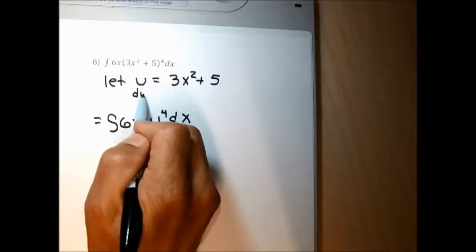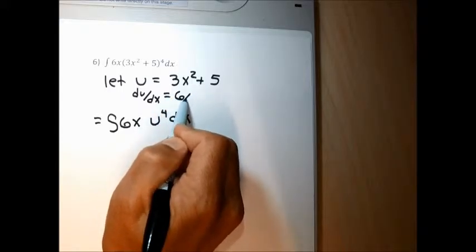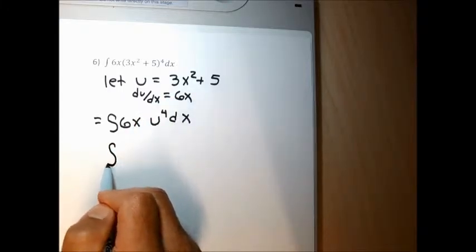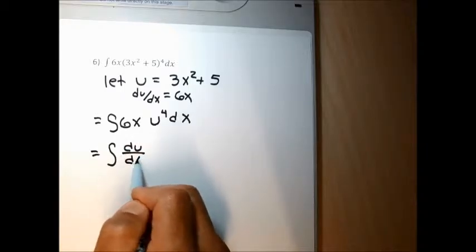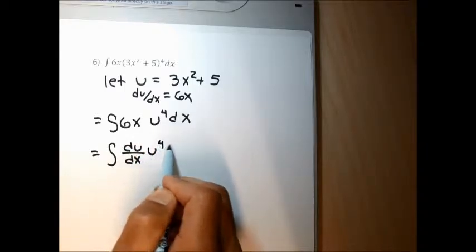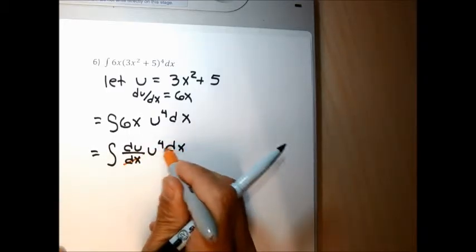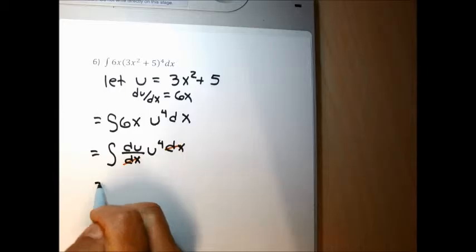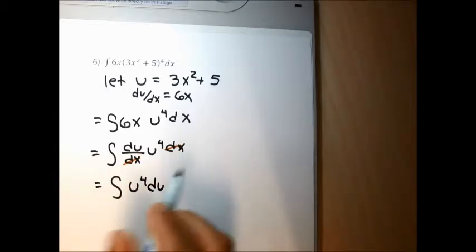And then I'm going to do du dx. du dx equals 6x. So now I can rewrite this as du dx times u to the 4th dx. Cancel my dx's, so I get the integral of u to the 4th du.